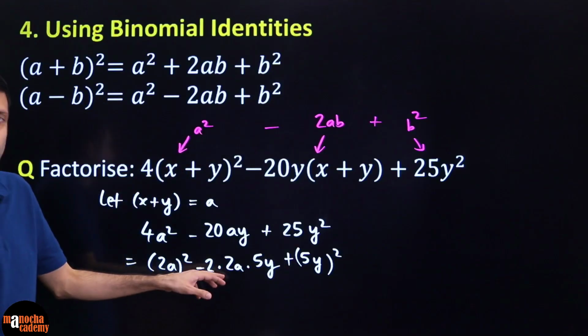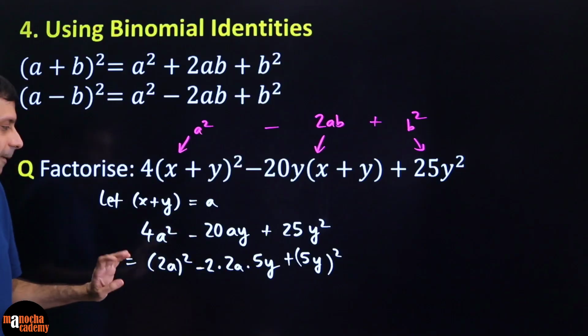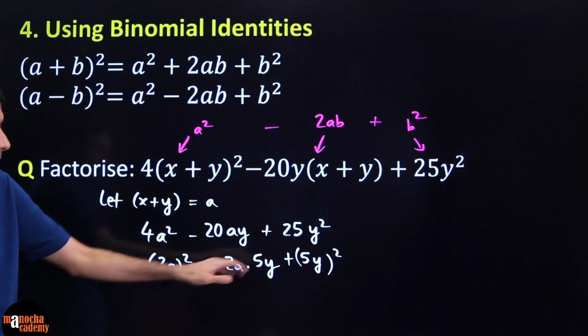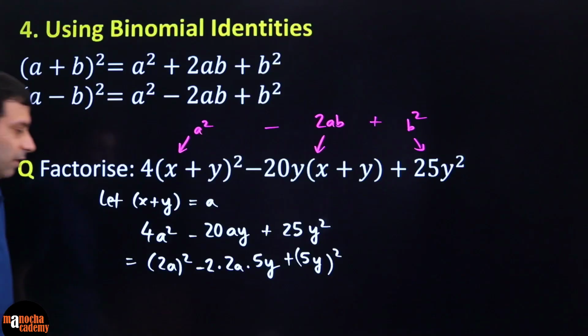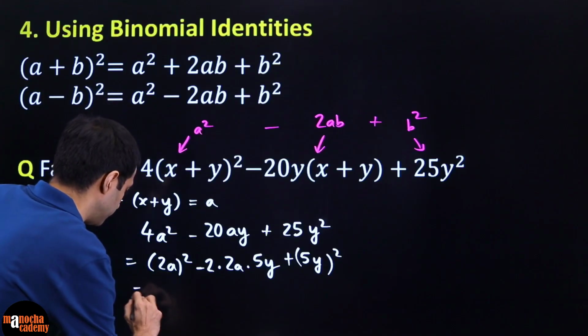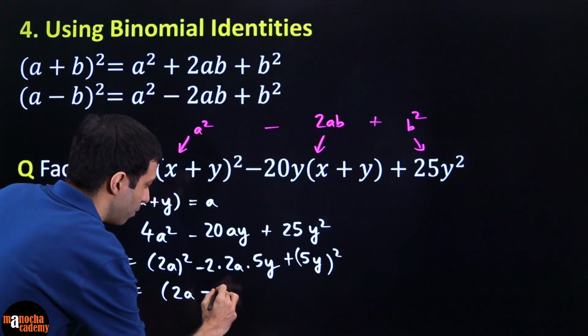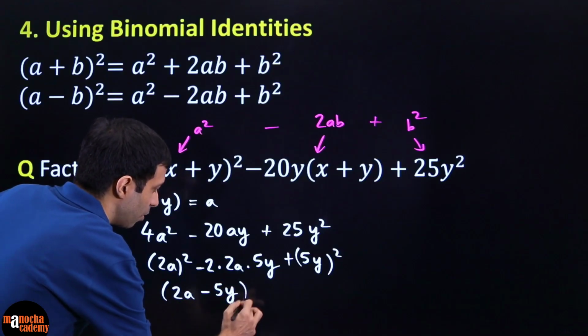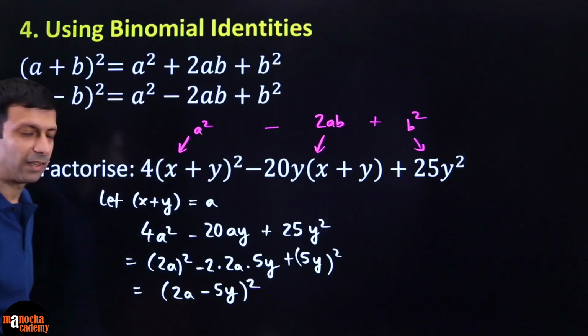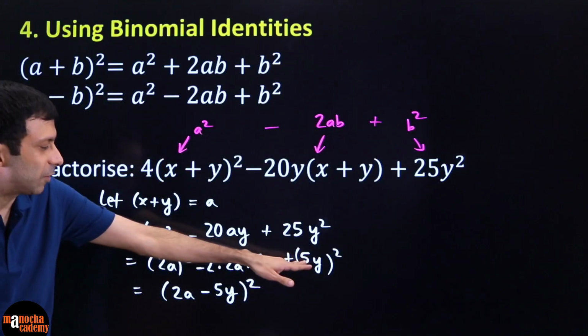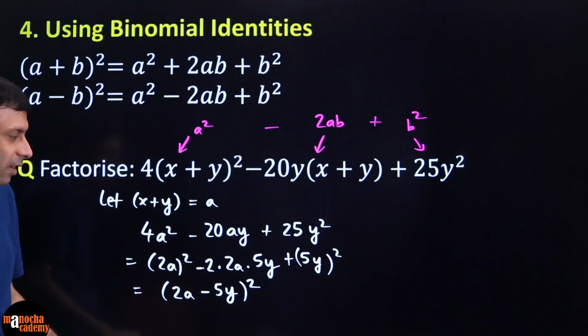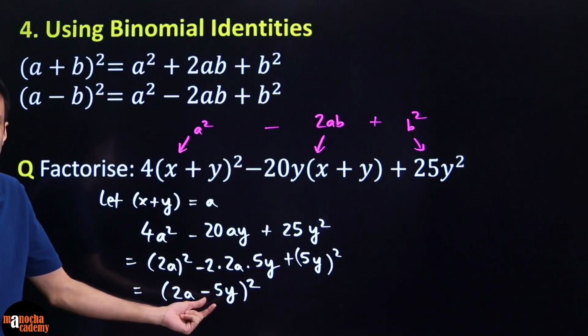See, 2 times 2 times 5, 20. So looks like we are all good over here. So therefore what are we getting? This is nothing but 2a minus 5y whole square. Do you guys agree? A square plus b square minus 2ab. So 2a minus 5y whole square.